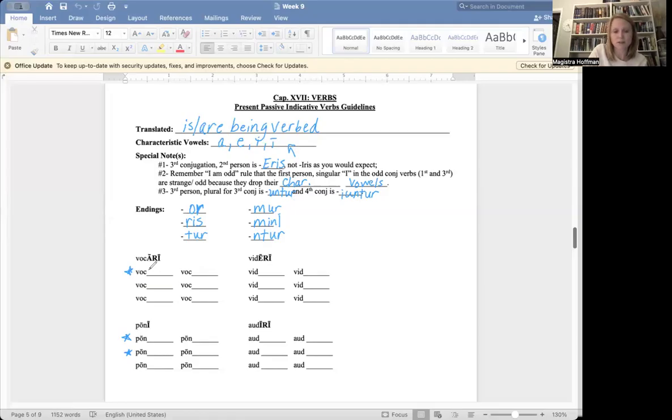When we put these in to conjugate them, we see we've got a little star here. We have to remember some rule. Oh yeah, this is the I am odd rule. It does not keep its characteristic vowel, so we just put the ending on there, or. Number two keeps its vowel. So I'm going to write in my A's, and then I put in my endings: or, ris, tur, mur, mini, ntur.